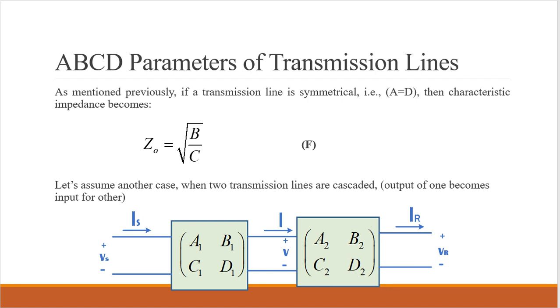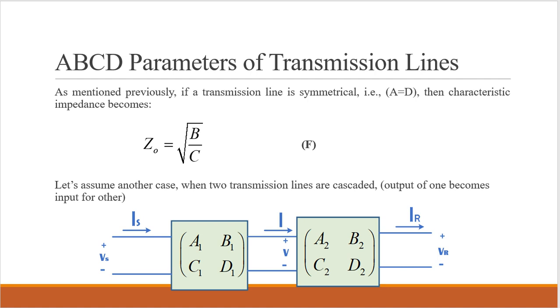These are representing the current as well as voltage, and here we have A1, B1, C1 and D1 for the first transmission line, and A2, B2, C2 and D2 for the second transmission line network, or we can say that A1, B1, C1 and D1 is for the per unit length of the first network, and A2, B2, C2 and D2 is for the second network of the transmission line per unit length.